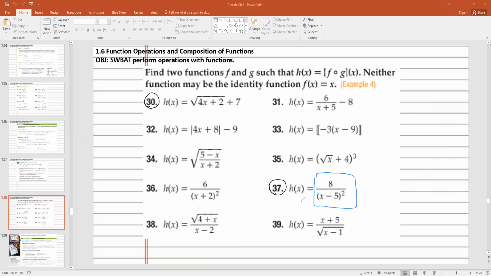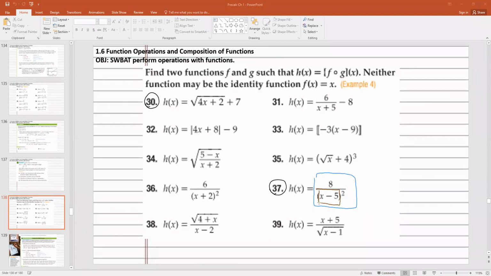The expression that has the x, that's going to be our g of x. Okay, so here, I'm going to block this part out.